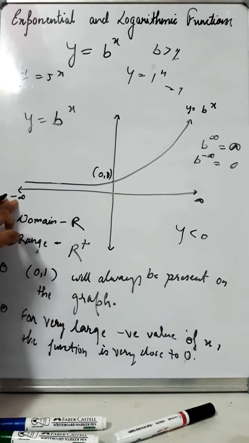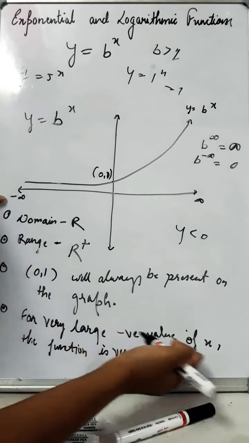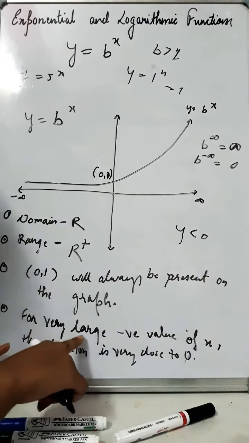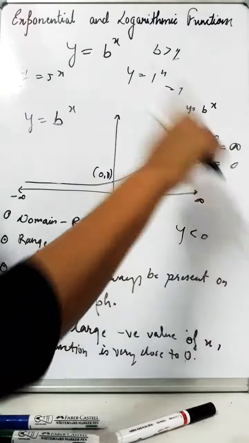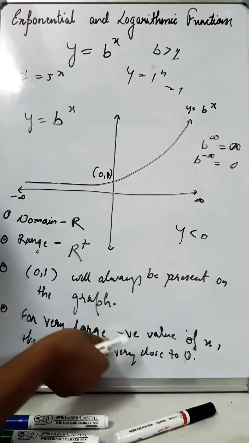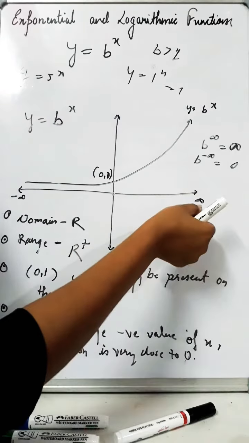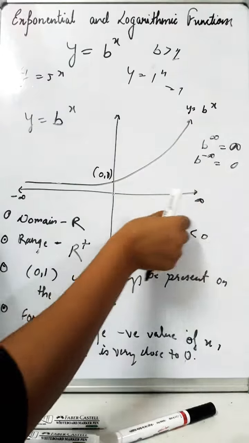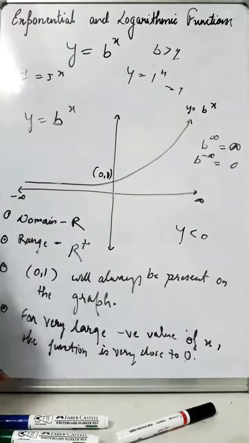That's why we assume that it is going to meet at infinity. And similarly, for a very large positive value of x, the very large value of x will give a very large value of y. Means at infinity, your function will tend towards infinity.